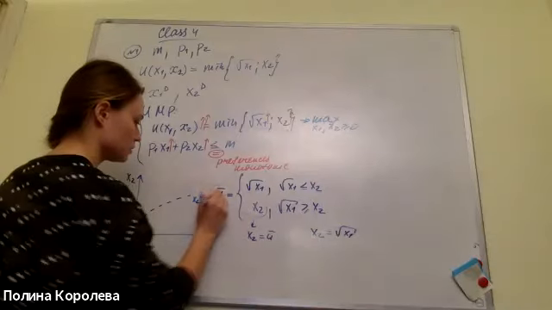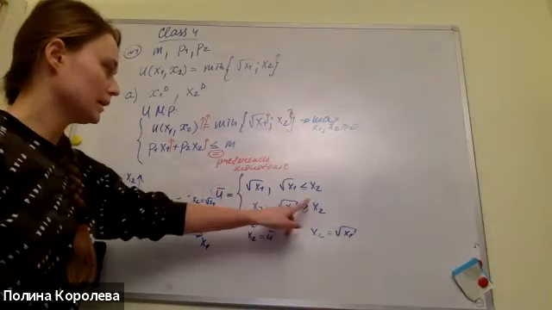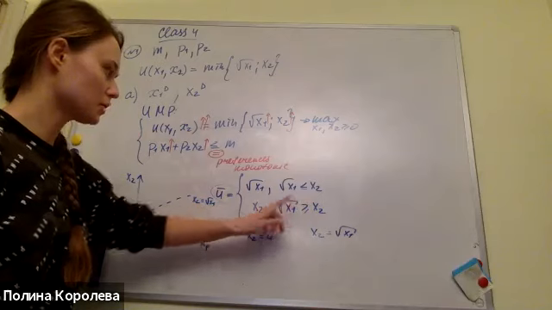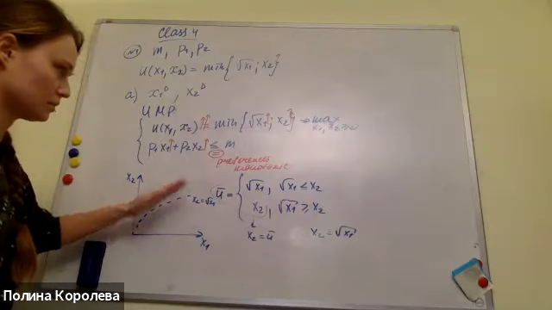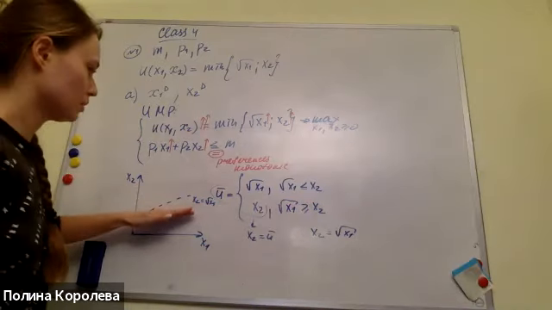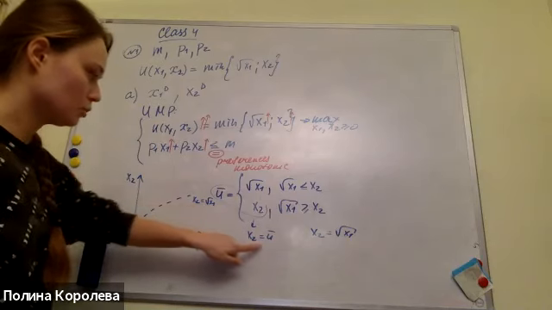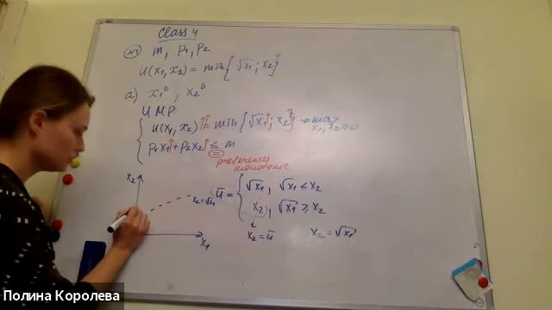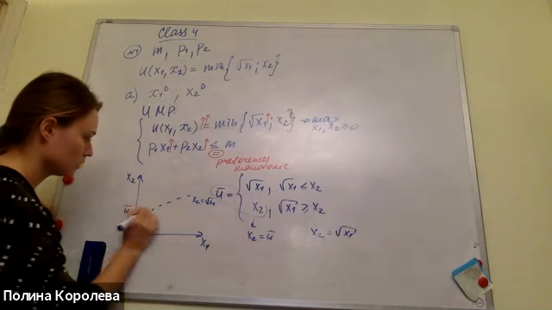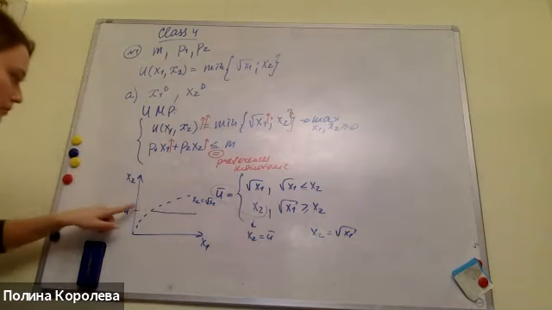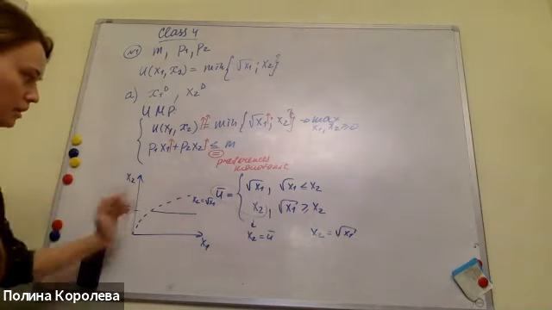So if x2 is less than or equal to the square root of x1, it's under this function, and x2 will be equal to some constant. Like this, if we are under this graph.